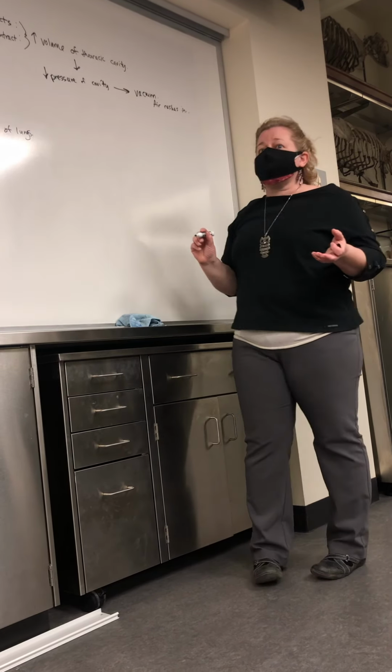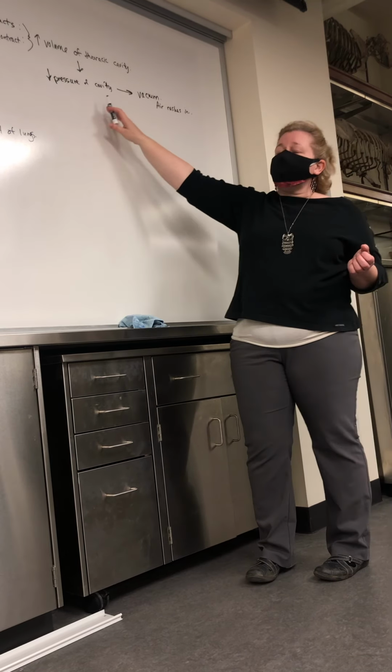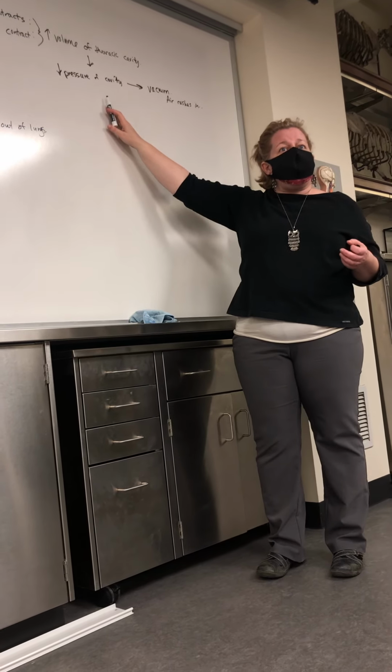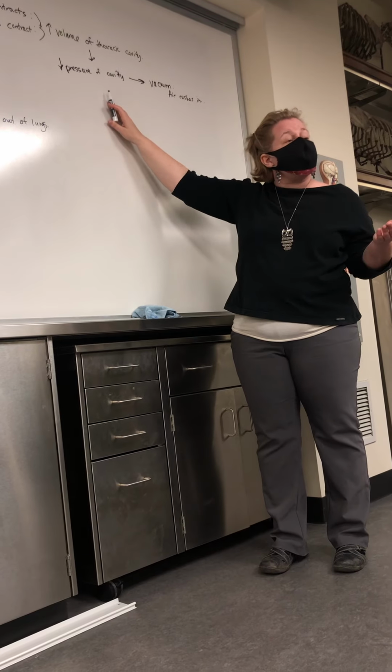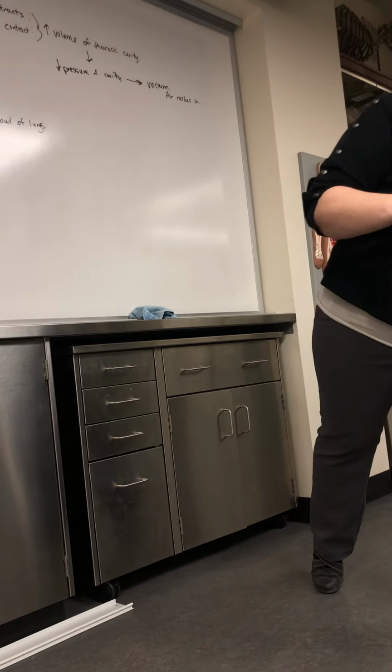We said there was a vacuum here into which air rushed. What are we going to do in order to allow air to leave instead of come in? Very good. We're going to increase the pressure.